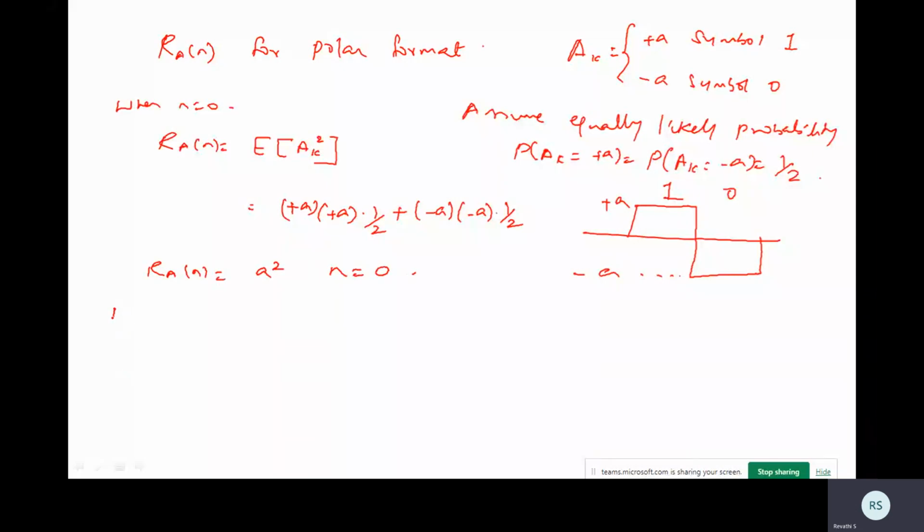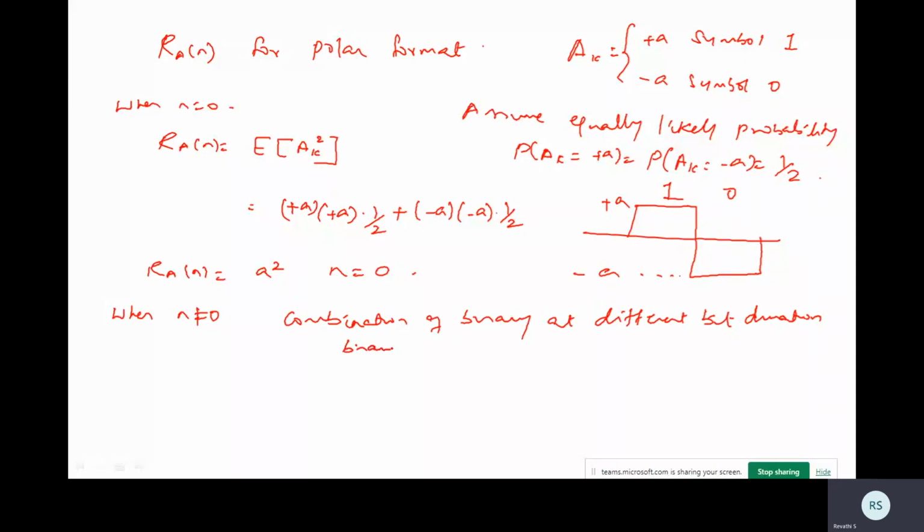Now let us understand when n is not equal to 0. Under this case, you are concentrating on different periods, not on the same period, that is, on different bit durations. So you can have any combination. What are the possible combinations of binary at different bit durations?